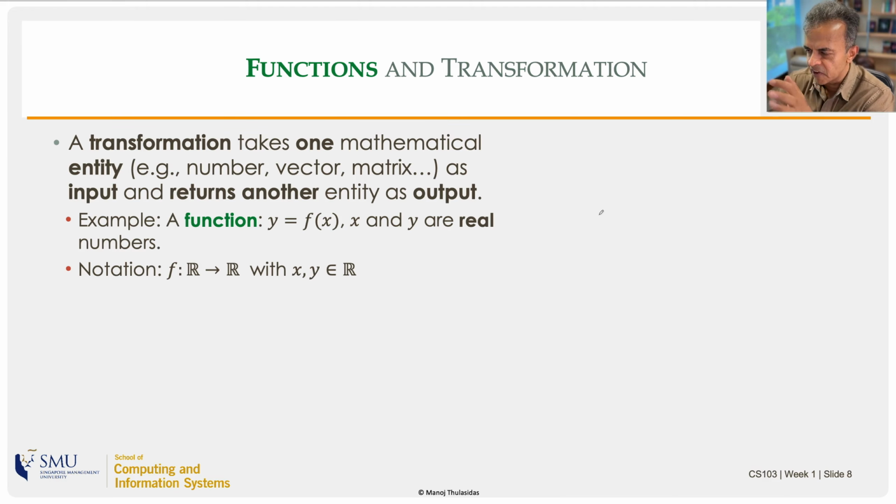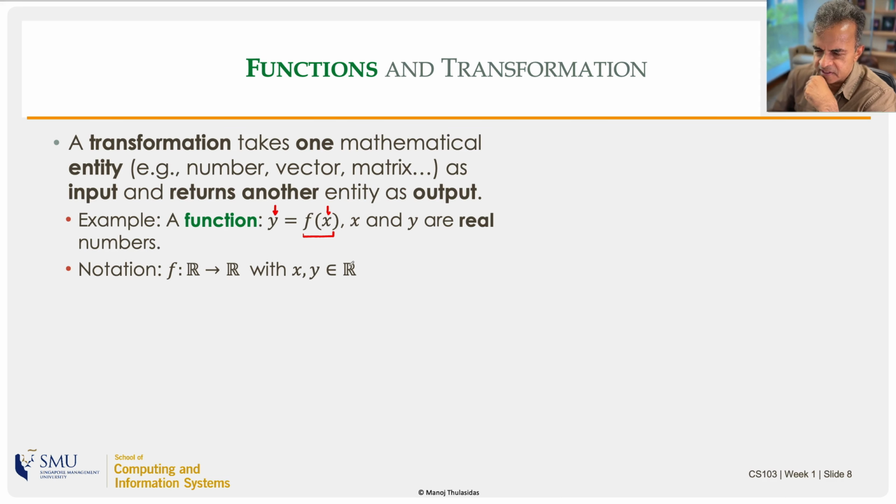So it can take a vector and give you a number, like the size of the vector for instance, or take a more complicated thing like a matrix and give you one number, maybe its determinant. One mathematical entity transforming to some other mathematical entity. So you can think of a function as transforming its input to some output.